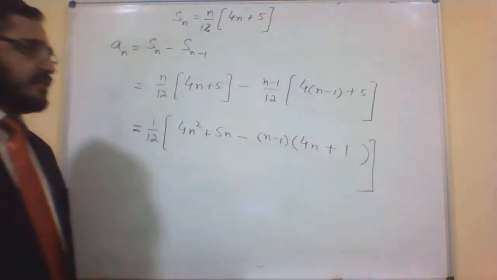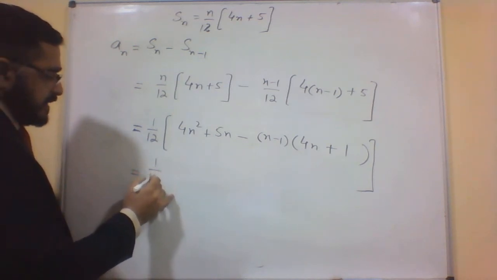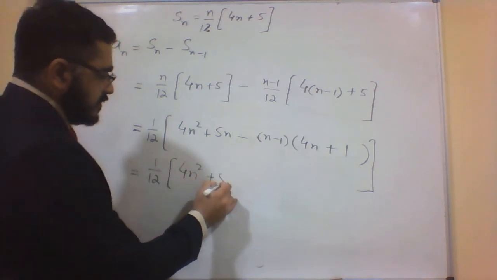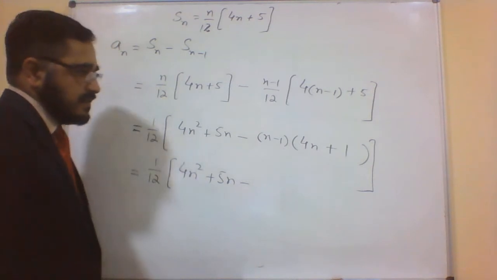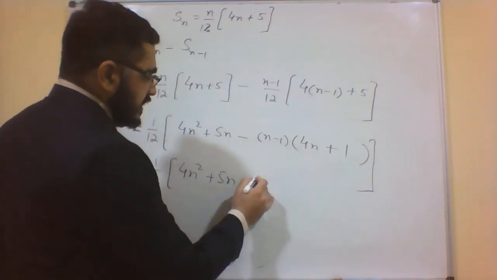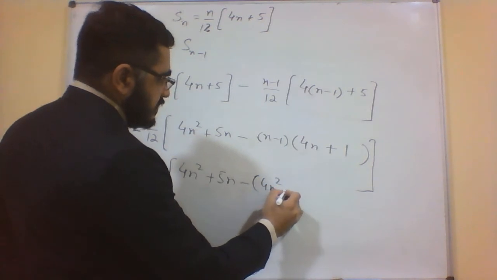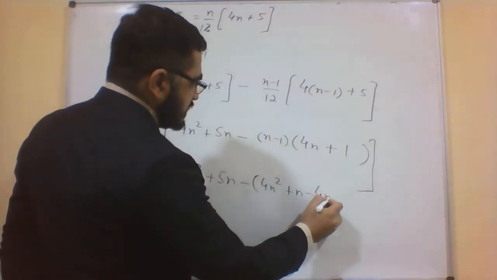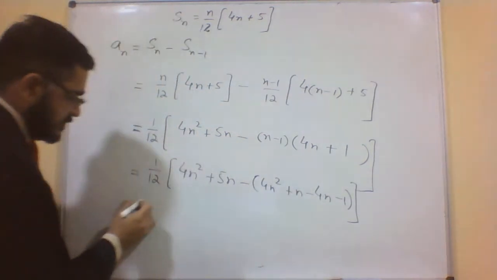Plus 1. Now, after further simplification, this is 4n square plus 5n minus, these two factors will multiply each other. 4n into n is 4n square plus n minus 4n and minus 1.